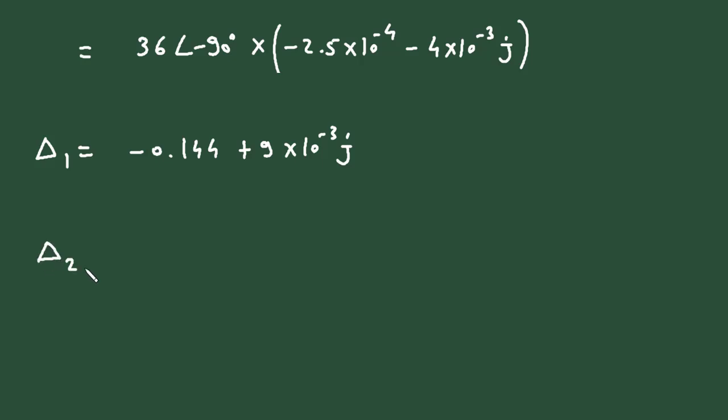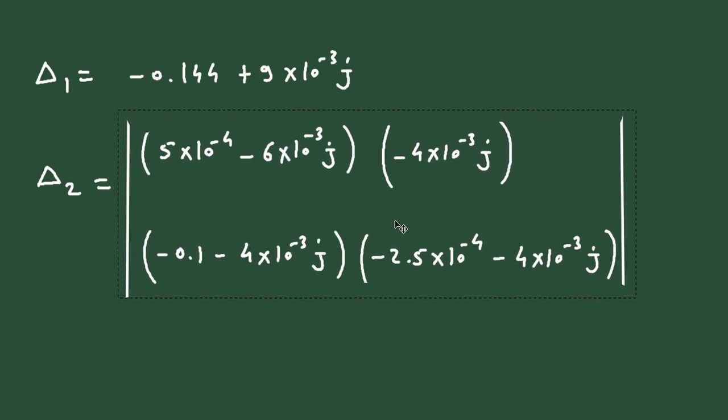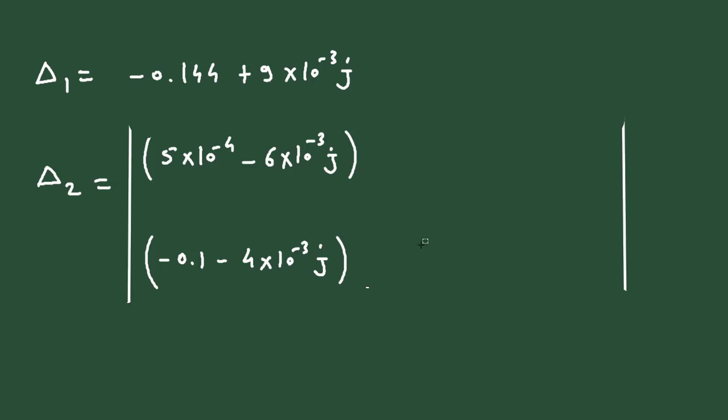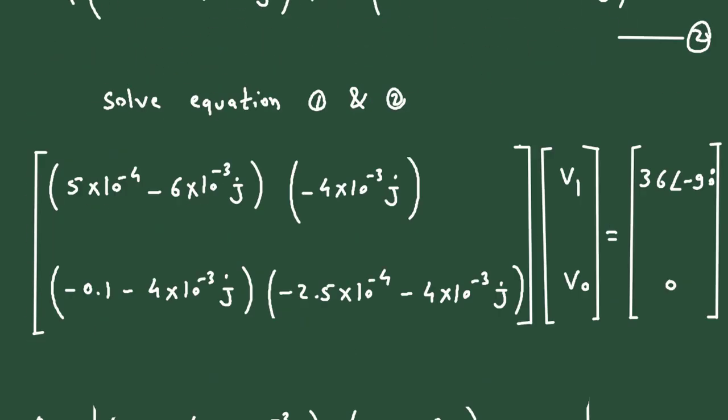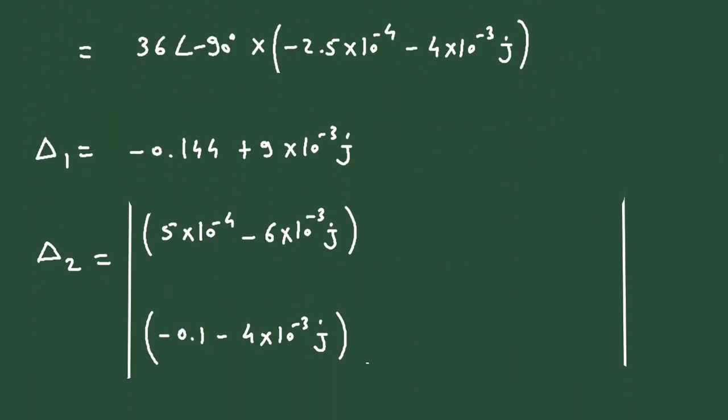Then next we have to find the value of delta 2. So for delta 2, again we have to take this determinant, and this time we have to replace the second column by 36 at an angle minus 90 degree and 0.